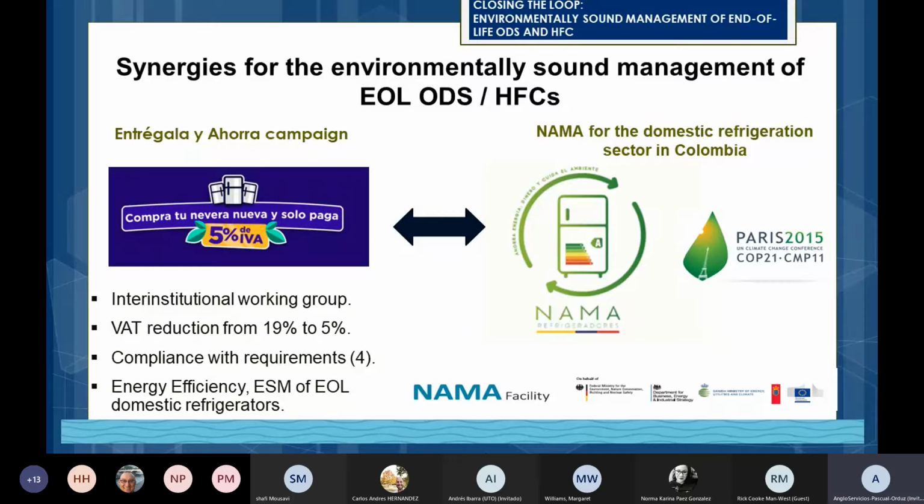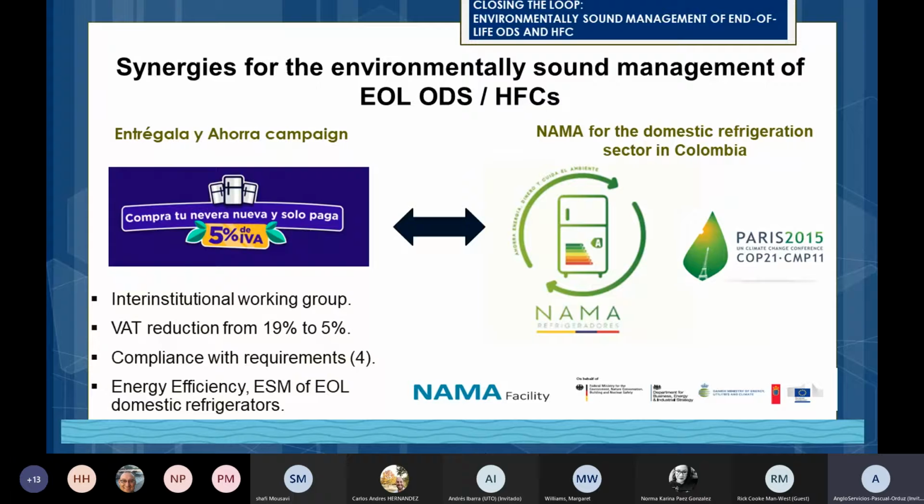So this strategy to replace the refrigerators was welcomed by a big project that was also in the framework of climate change issues. This is a NAMA for the domestic refrigeration sector in Colombia. It also includes promoting the replacement of domestic refrigeration appliances in Colombia, and also promoting the environmentally sound management of ODSs found in that equipment.